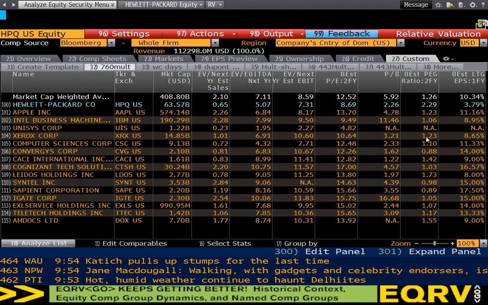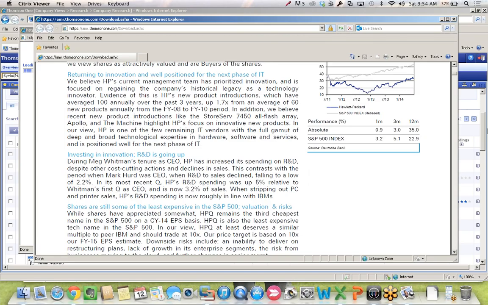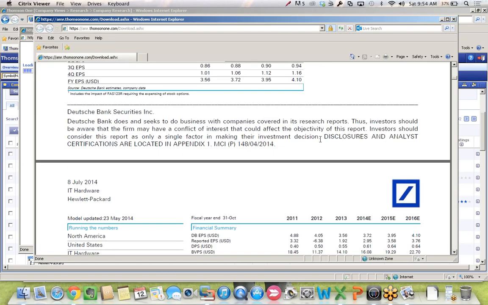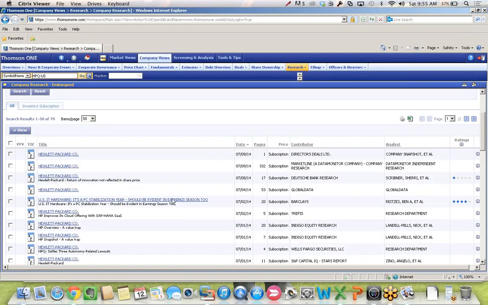The other thing I wanted to highlight today, going back to IBIS, is that as you are working on your reports, feel free to use the analyst reports to help you out. If you go back in the company research, look for some of the bigger firms.